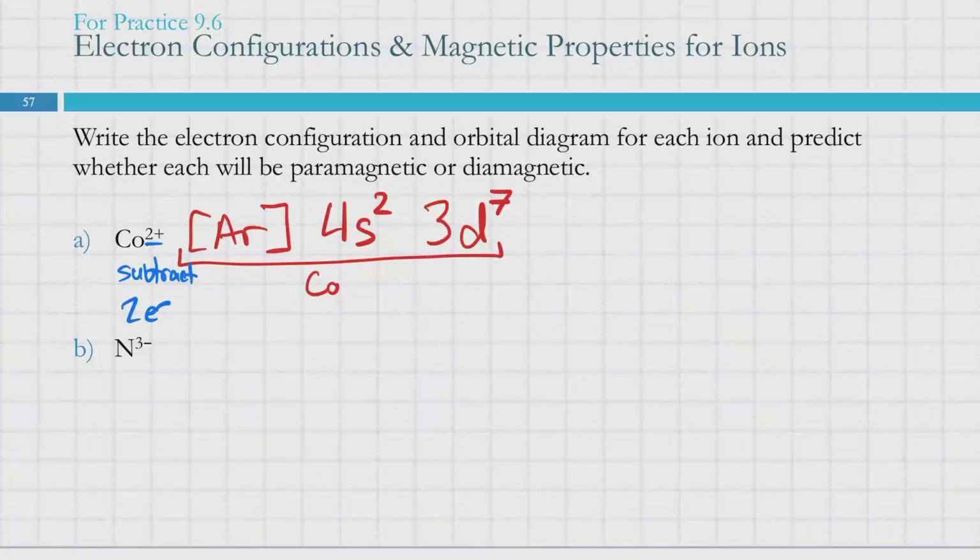Where are we subtracting those 2 electrons? Valence electrons. That's true. We are subtracting our 4s2. So we've got 2 electrons that we're removing. We've got 2 electrons in our 4s. So get rid of those. And the electron configuration is Ar 3D7.